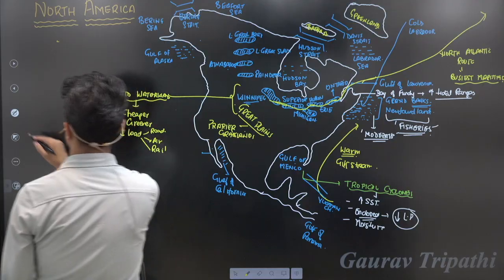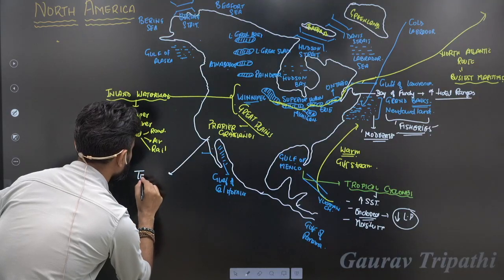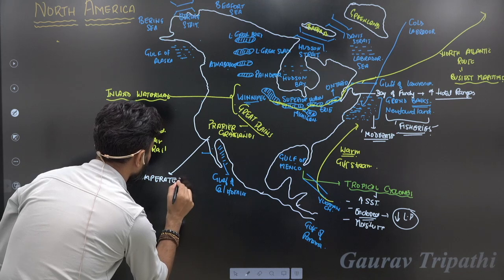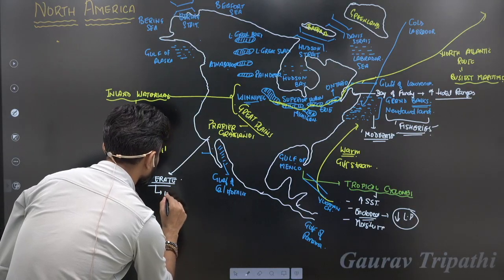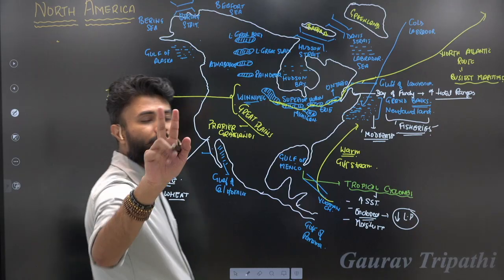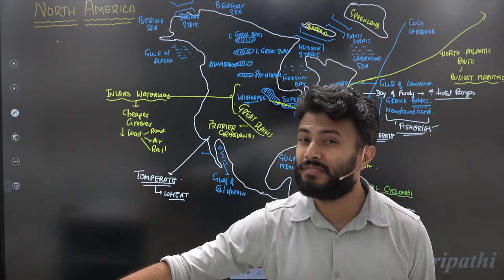Prairies, grasslands are basically the temperate areas. They are temperate grasslands. What are they famous for? These temperate grasslands are famous for wheat. In North America, if we have to see, two types of wheat is grown. One is a summer wheat and one is a winter wheat.